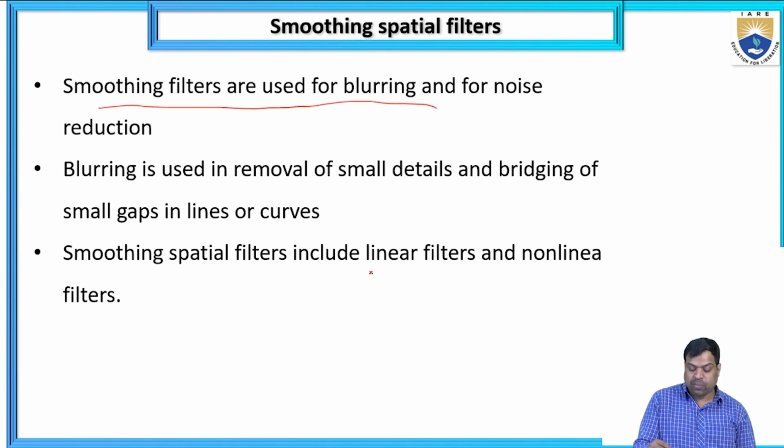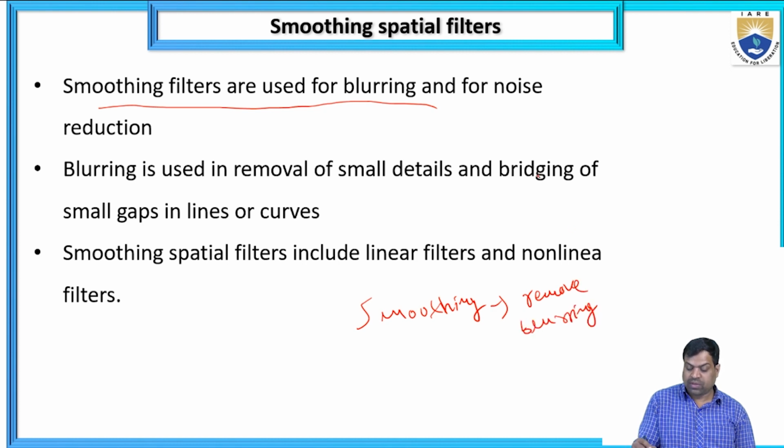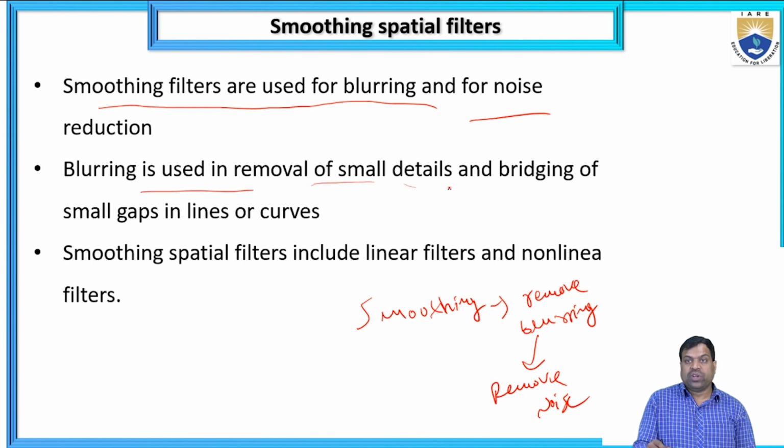Smoothing filters are used for blurring, which removes small details and bridges small gaps in lines.